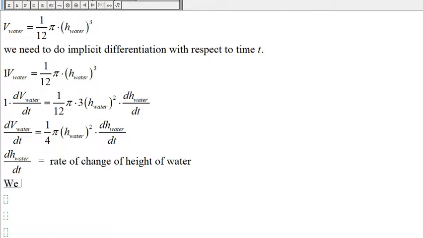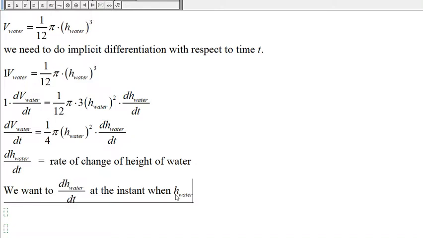We want to find the rate of change of the height of the water at the instant when the height is 6 feet.